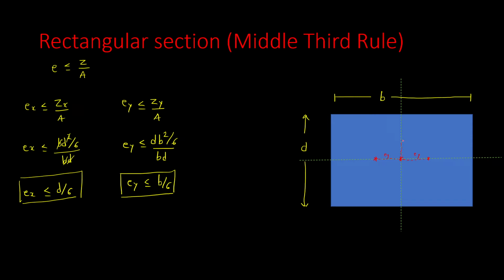Now on the y-axis the distance is ex, and this is also ex. Now if we connect all these 4 points by a straight line, then we'll get an inner portion here. We'll just shade this.